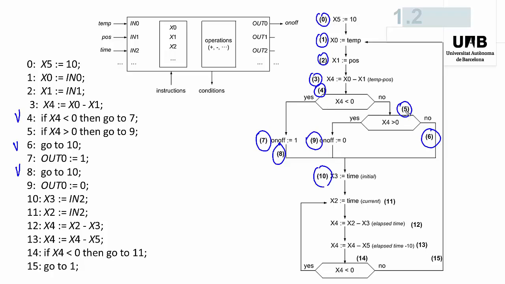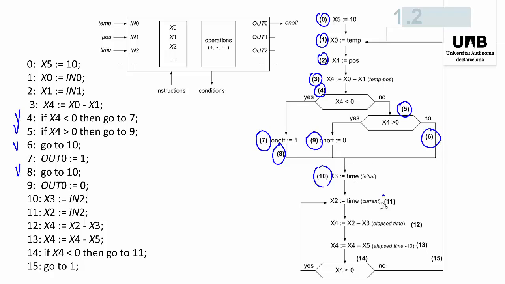Instruction number 5 will be: if x4 is positive, then go to 9, and in the contrary case, go to 6, and 6 is go to 10.